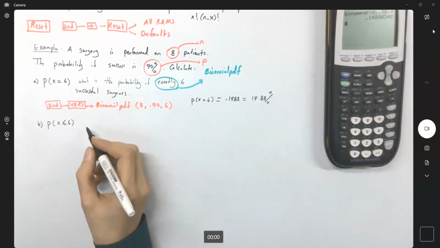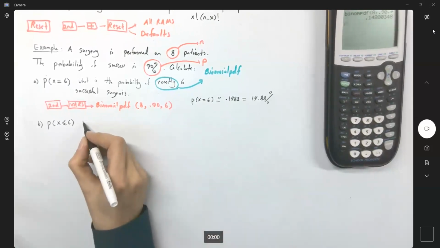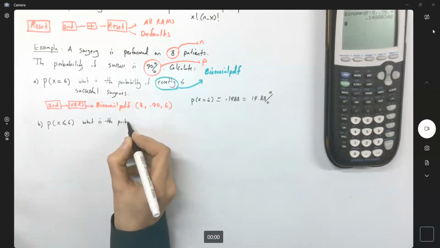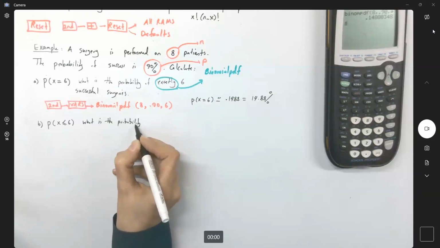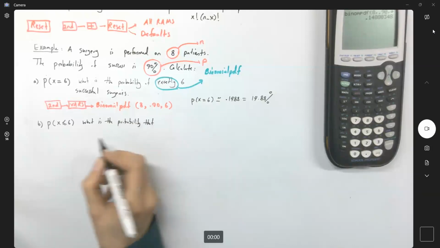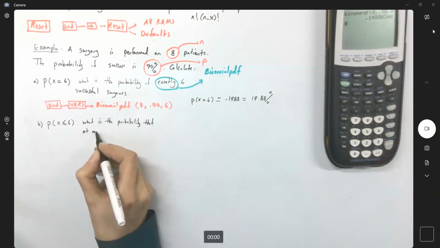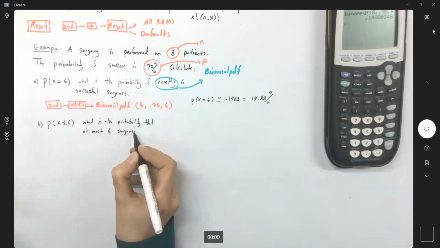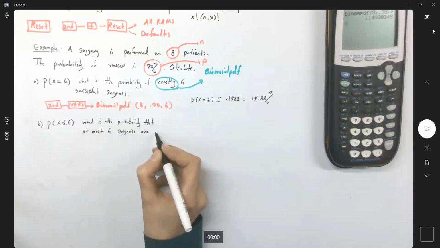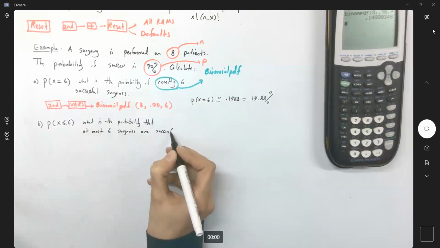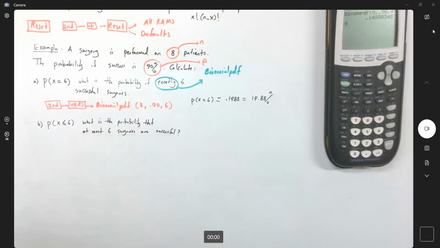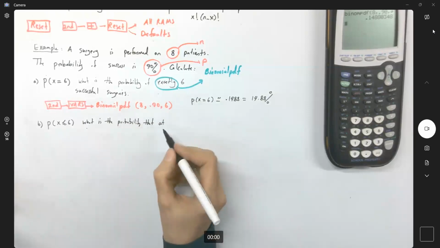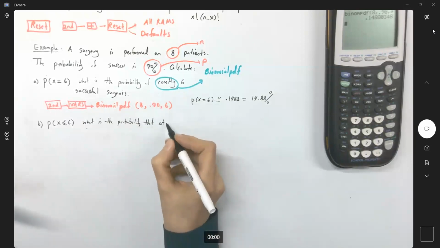The interpretation is, what is the probability that at most 6 surgeries are successful? So I'm going to write down at most here, so I can easily connect that with binomial CDF.